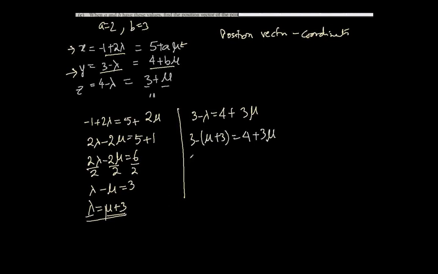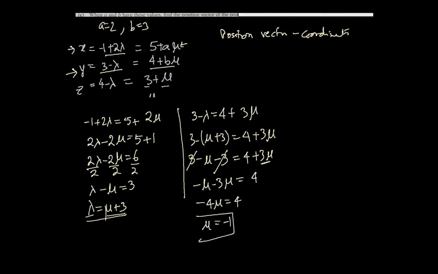So 3 minus mu minus 3 equal to 4 plus 3 mu. The 3 and 3 cancel out. Let's bring this 3 mu to the left side. Minus mu minus 3 mu equal to 4. Minus 4 mu equal to 4. So mu is minus 1.